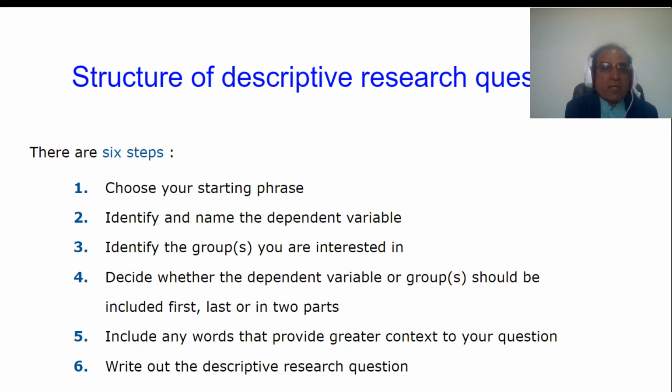Include any other words that provide greater context to your question, and then you will be able to write the descriptive research question. Now I will tell you in detail how to go through these 6 steps of structure of descriptive research question.